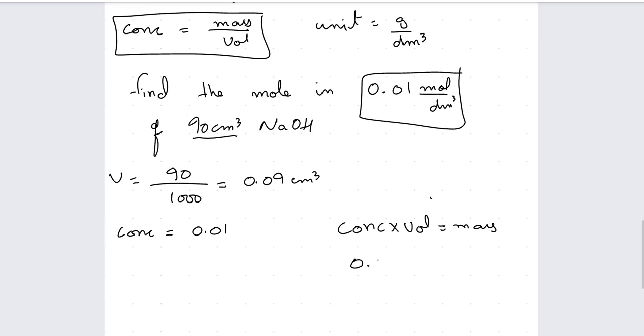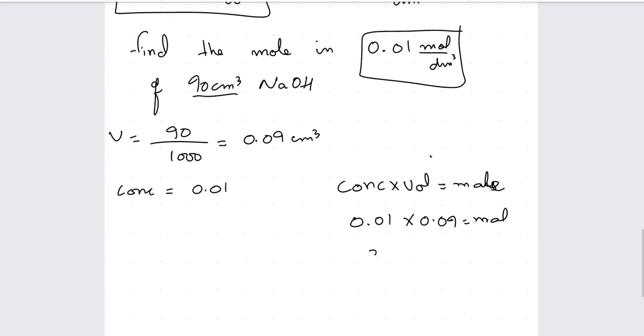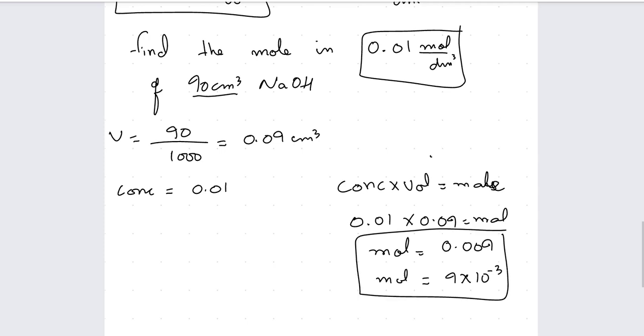Concentration is 0.01 and the volume is 0.09. So 0.09 times 0.01 is equal to 0.009 mole. Sometimes the calculator will represent it like 9 exponent minus 3. Both are okay basically. Understand? I think so.